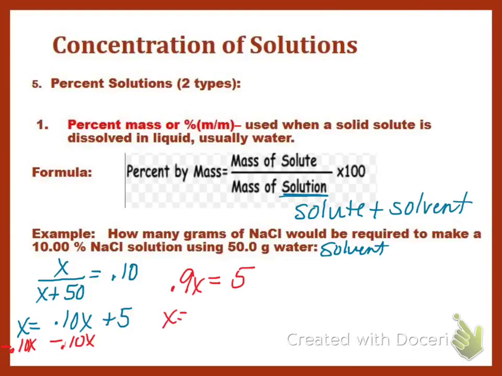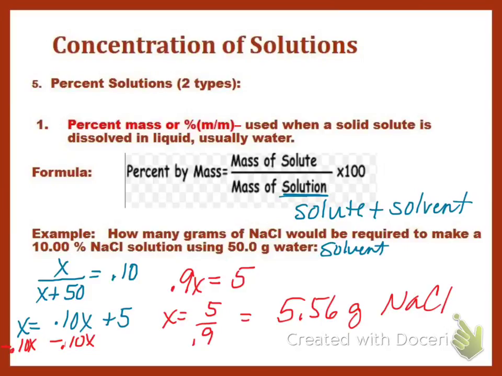So then x is equal to 5 over 0.9, which is 5.56 grams of sodium chloride. So I would add 5.56 grams of sodium chloride to 50 grams of water, and I would have a 10% solution of sodium chloride. Okay? Any questions on that? That's not math, that's not chemistry, that's algebra.